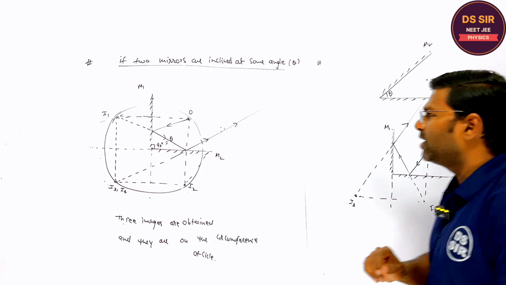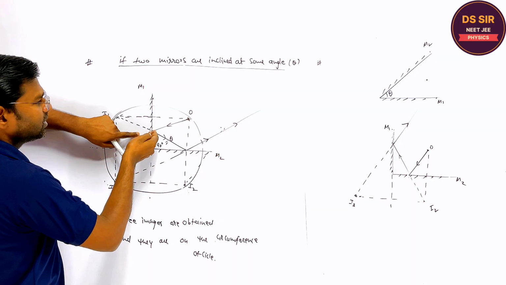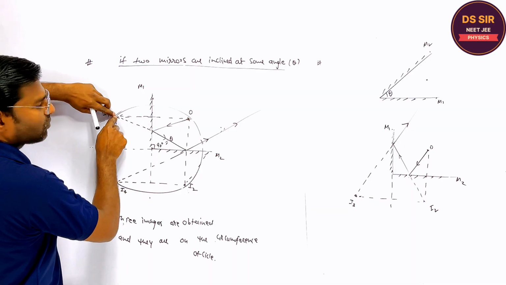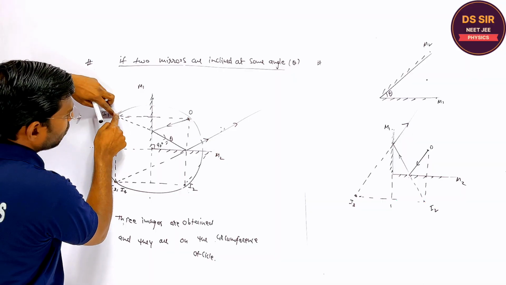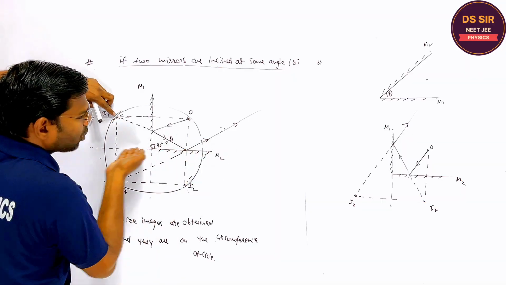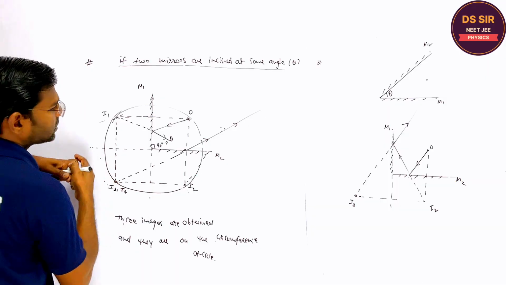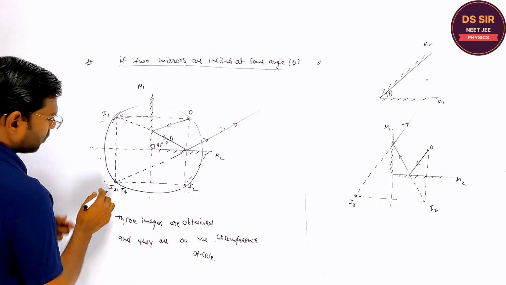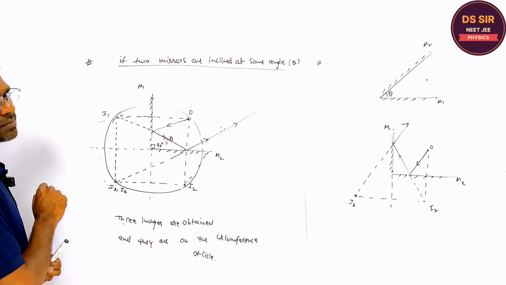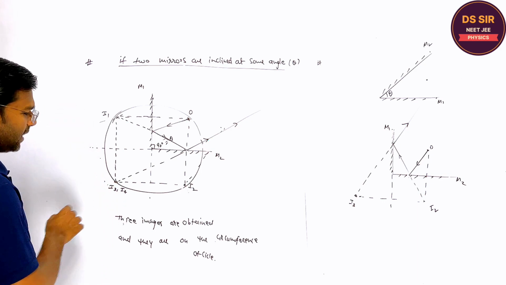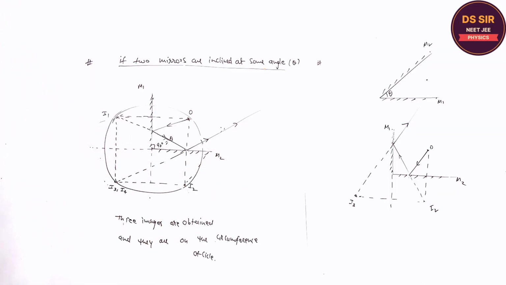In the same way, if you consider this the object, the light ray is incident, so its image is formed over here, again it is reflected, and its image, I4 or I3, whatever you want. So these two images coincide at the same point, right.